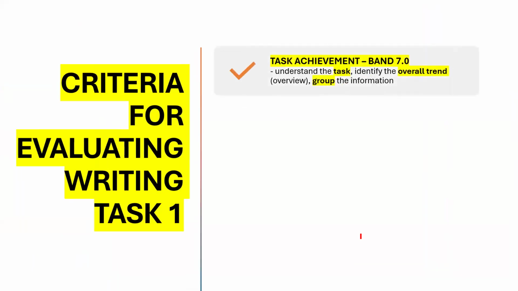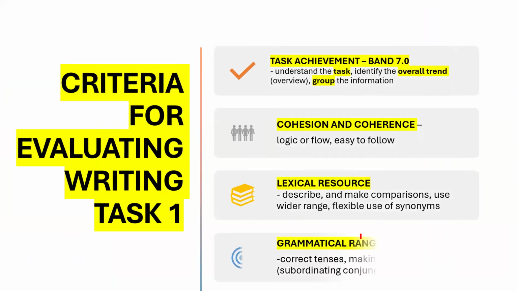To understand better how to improve our score in IELTS writing task 1 task achievement, here are the 3 key points. First, we have to understand the task. Then we need to identify the overall trend. And lastly, we need to know how to group the information. We're going to delve deeper into these 3 key areas in achieving Band 7.0 in task achievement for writing task 1.